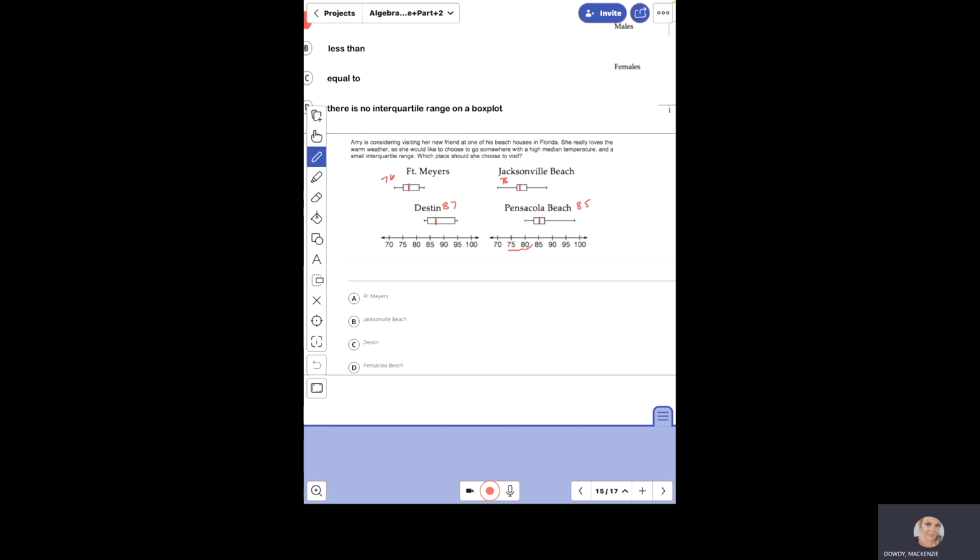And then a small interquartile range. This one I think is about 80. Maybe it's 81 minus 75. I'm going to say it's 80. 80 minus 75 is 5. This one, about 94 minus 84. So that's 10.